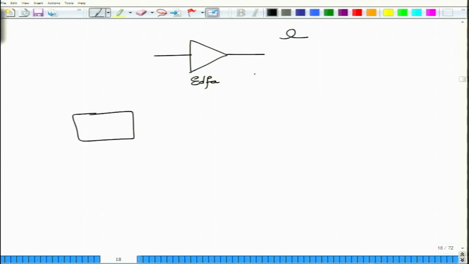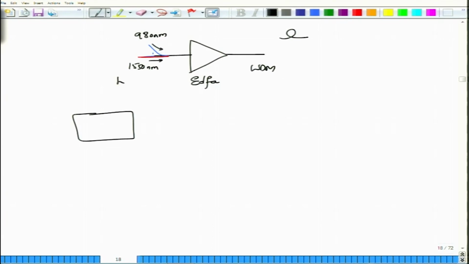So this is also a WDM component, by the way, and as we have also seen, the EDFA requires a pump to operate, and this pump is usually a laser diode sitting at 980 nanometer. So you need to have a signal coming in at 980 nanometer on this blue line, and the signal at 1550 nanometer should also come in on the red line, and you need a device which can combine both the 980 nanometer signal and the 1550 nanometer signal, and then pass it on to a single output.